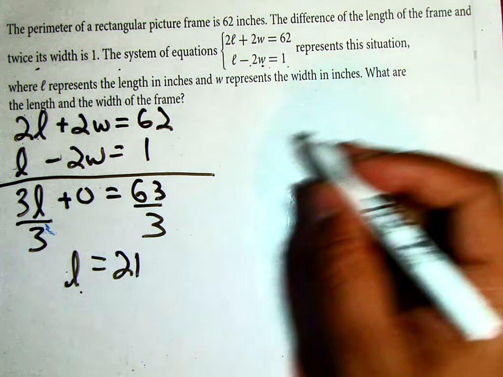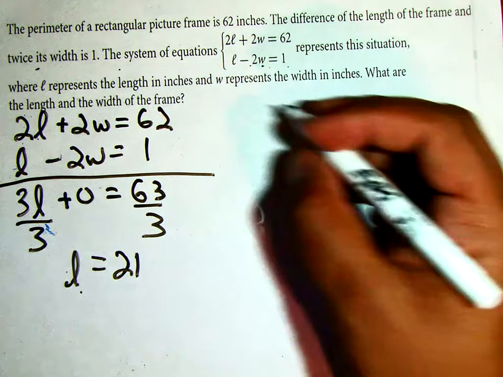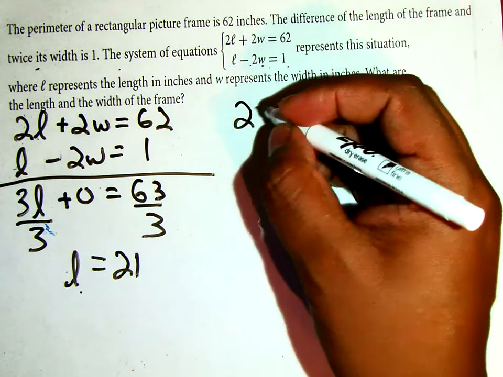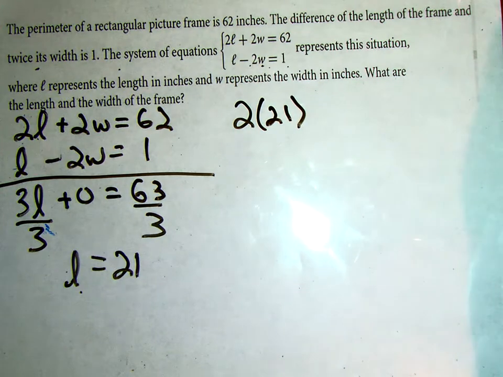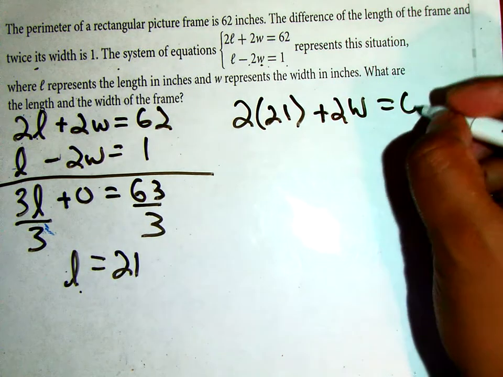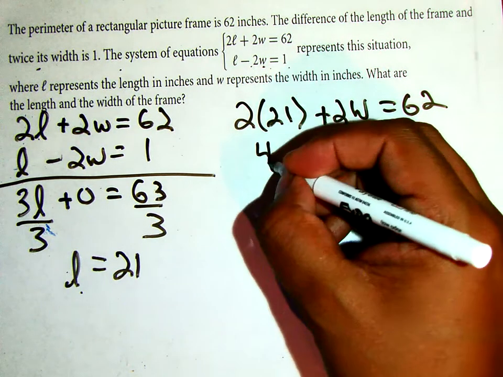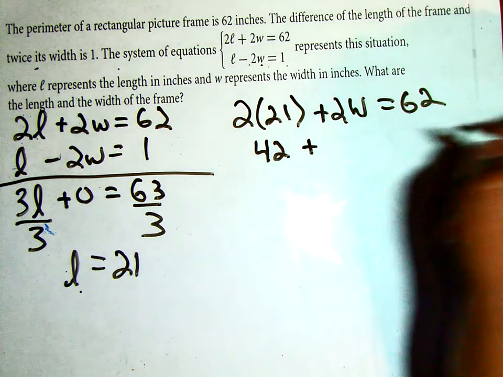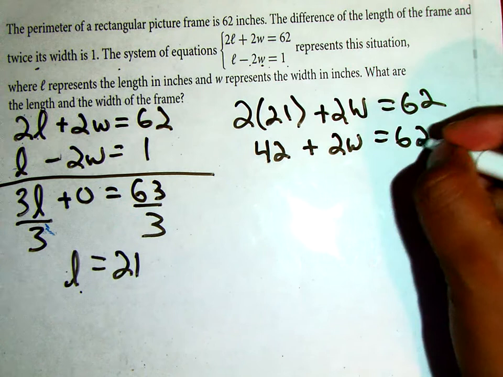And we're going to take that and plug that into the original equation. You can plug it into either one you want. I'm just going to plug it into the first one here. So it's going to be 2 times the length, which is 21, plus 2W is equal to 62. All right, now that's going to give me 42 plus 2W is equal to 62.